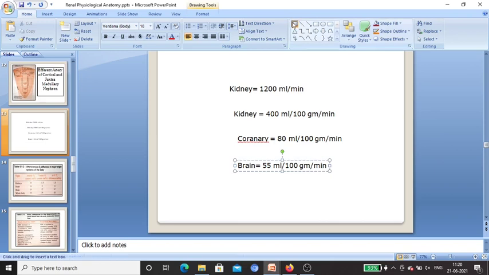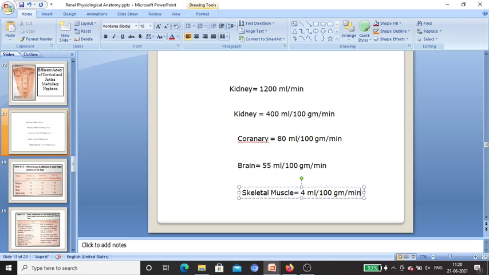Skeletal muscles are actually the large organs of our body, a large portion of your body weight, and they receive only 4 ml per 100 gram of skeletal muscle tissue per minute.